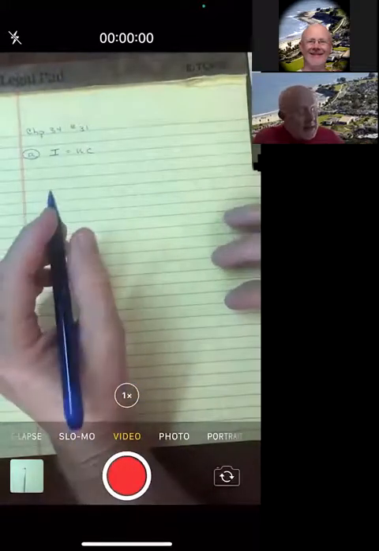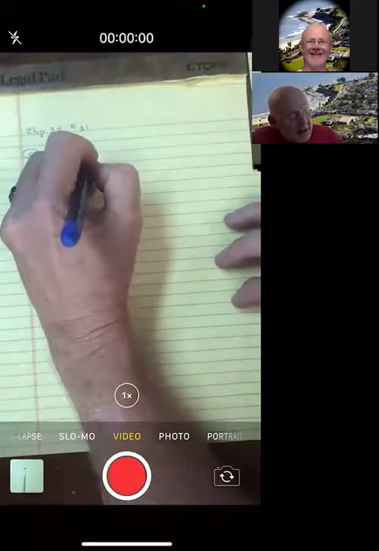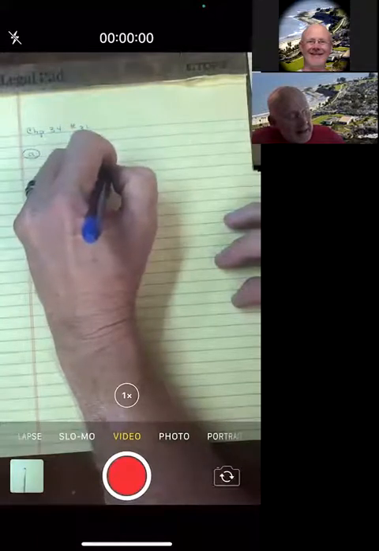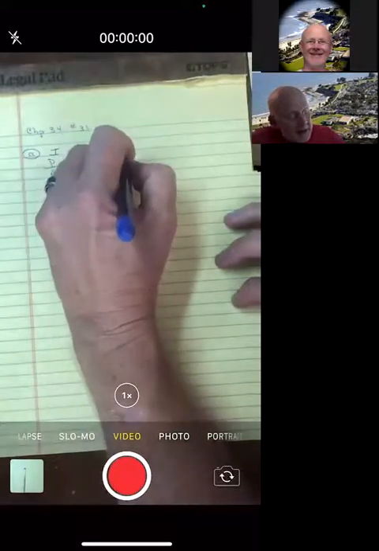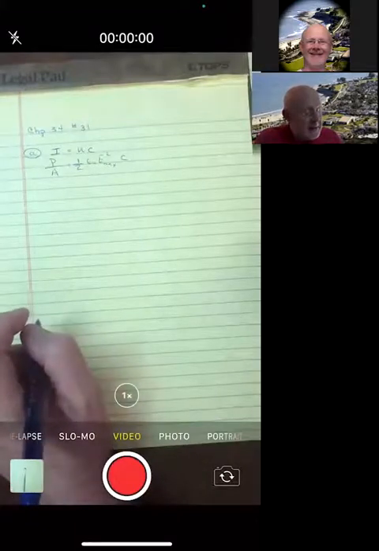Find the maximum electric field. The intensity would be the power divided by its area. The energy density would be 1/2 epsilon naught E maximum squared, and c would be the speed of light.